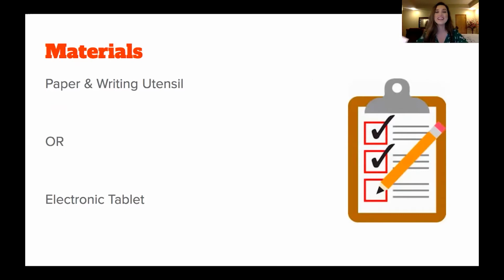I like to use a lot of different colors there. But if you guys want to grab pens, pencils, whatever you want, that is fine with me. And if you have an electronic tablet that has note-taking capabilities where you can use a pen or something to really take notes, then you can go for that.